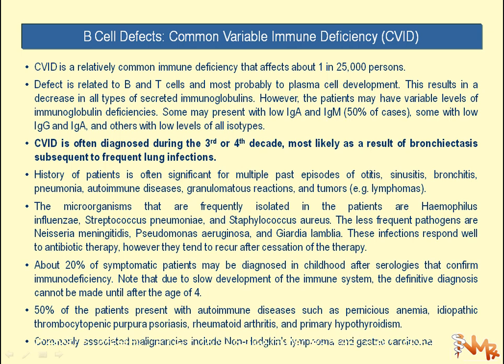Commonly associated malignancies in these patients include non-Hodgkin's lymphoma and gastric carcinoma. Lock in this fact also. Two additional sets of findings in the case scenarios on your exam are associations with autoimmune conditions and association with malignancies such as lymphomas and gastric carcinomas.